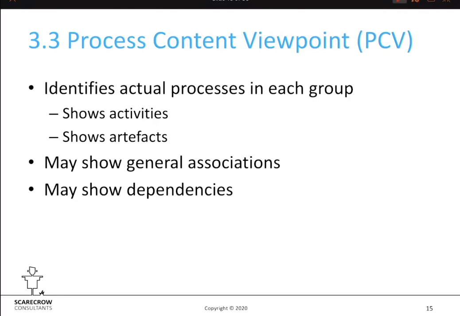There may be dependencies between processes, depending on how you structure your process model. There's often a big tension between having processes that are very dependent one on another. The problem with that, where you've got high dependency between processes, it means essentially you've almost got a single process, because if you always have to follow one process by another one by another one, you've really got just one huge big process.